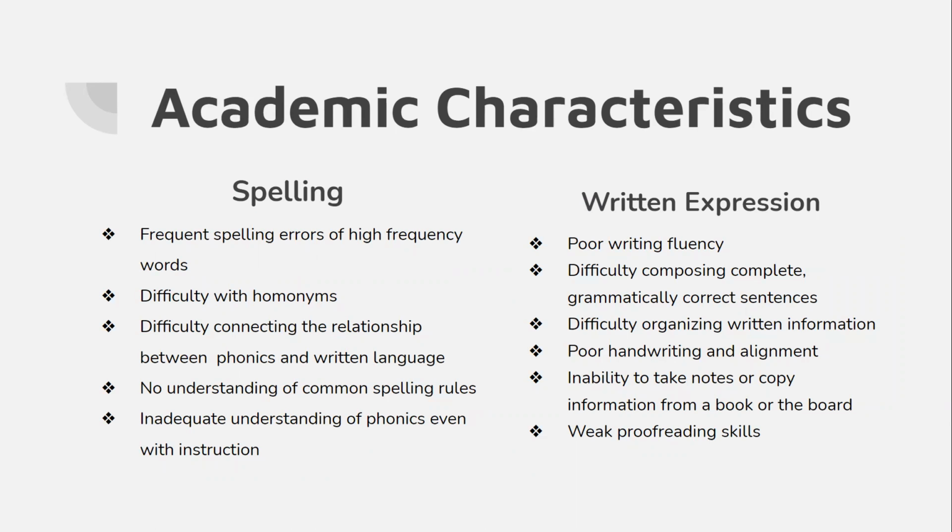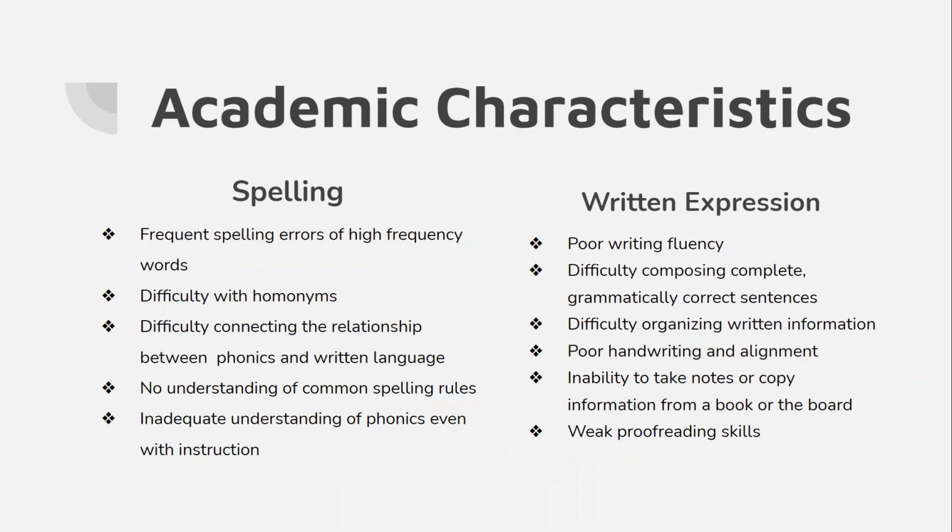Academic characteristics for spelling would include frequent spelling errors of high frequency words, difficulty with homonyms, difficulty in connecting the relationship between phonics and written language. They may have no understanding of common spelling rules or an inadequate understanding of phonics, even with instruction.